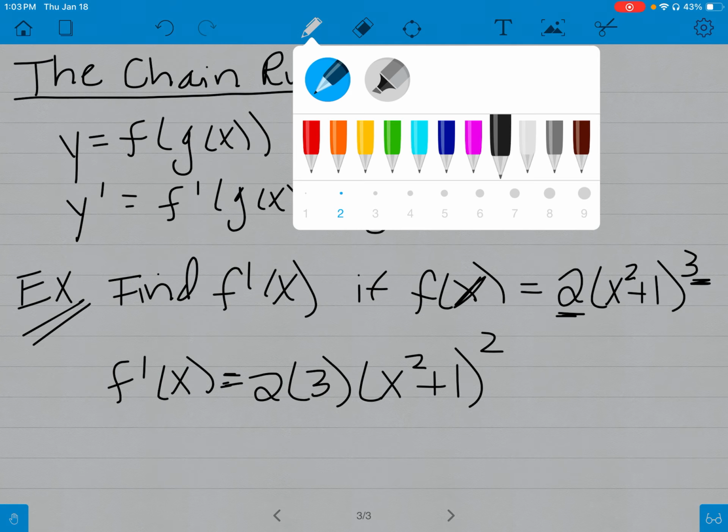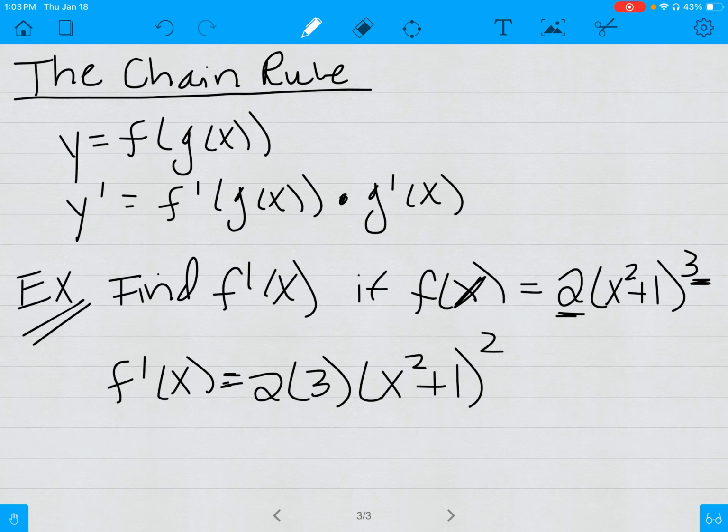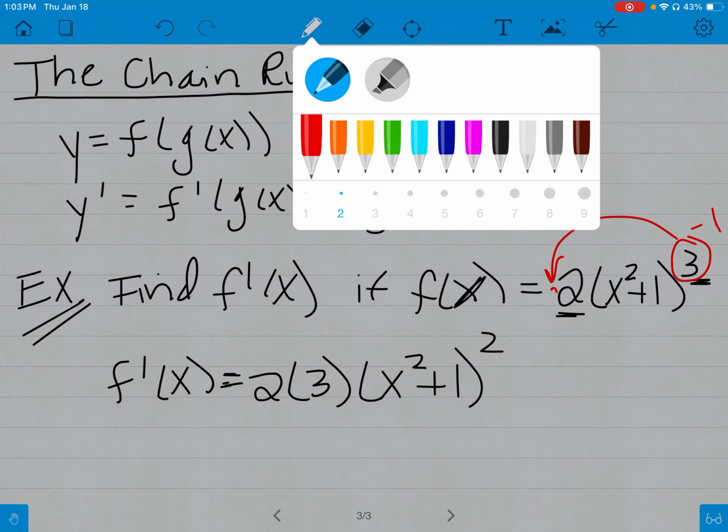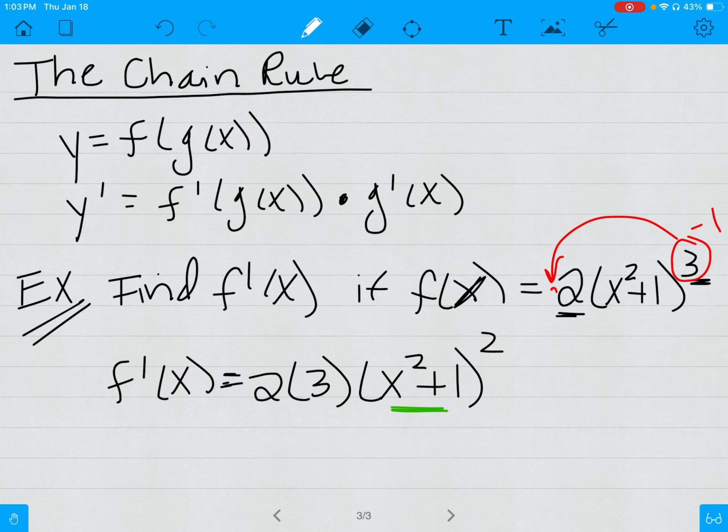Because if we're thinking about what we were doing before, to find the derivative, we brought the power down and it multiplied, and then we subtracted 1 from the power. And that's absolutely correct. The problem is, what about this piece, right?